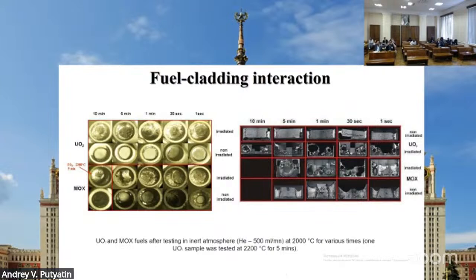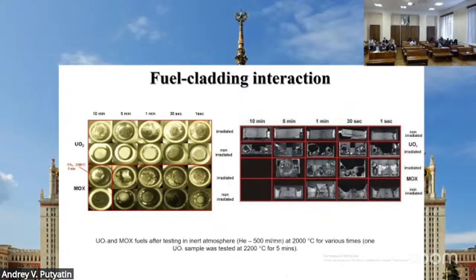So you have a very strong interaction between zircaloy and fuel, with formation of zirconia and so on. MOX fuel behaves completely differently. And if you look at the cross sections of these materials, you have a very large difference between, for example, non-irradiated uranium dioxide fuel and irradiated ones.